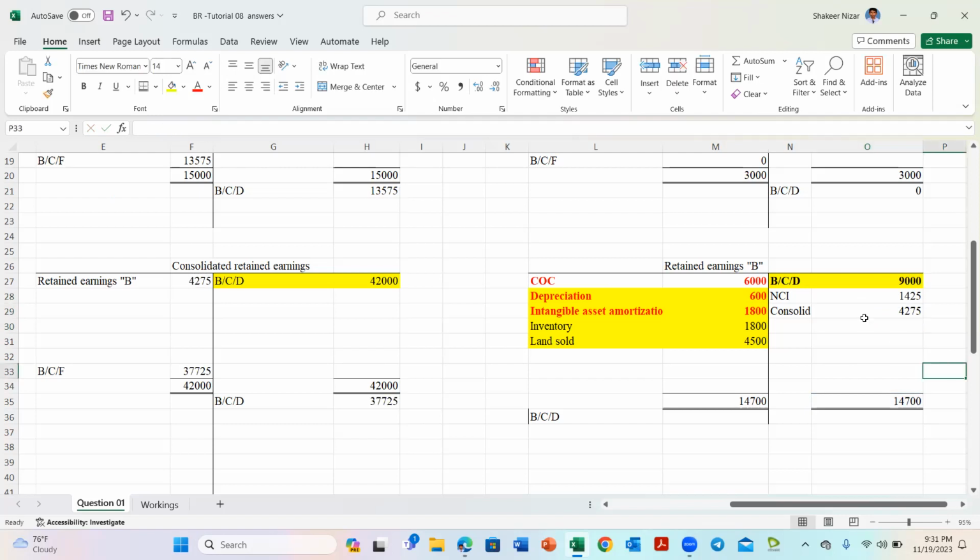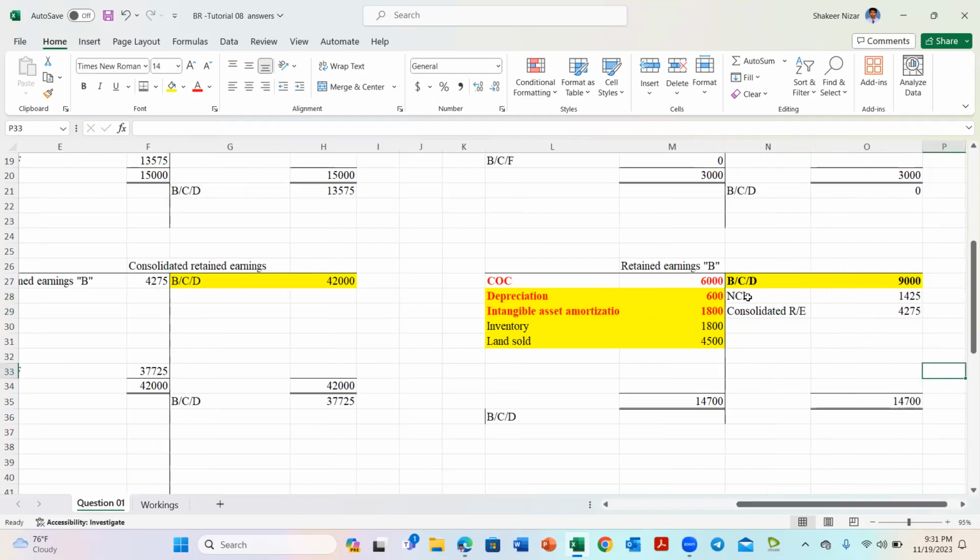The double entries, NCI portion. NCI should be debited because equity decreased due to a loss, and the retained earnings credited. The consolidated retained earnings debited and the subsidiary retained earnings credited. We use those to show this impact, right?